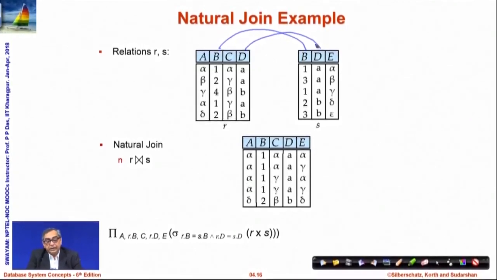Now, we saw earlier that in the Cartesian product, common attributes got renamed in terms of the table name, but this is not what we want in a natural join.